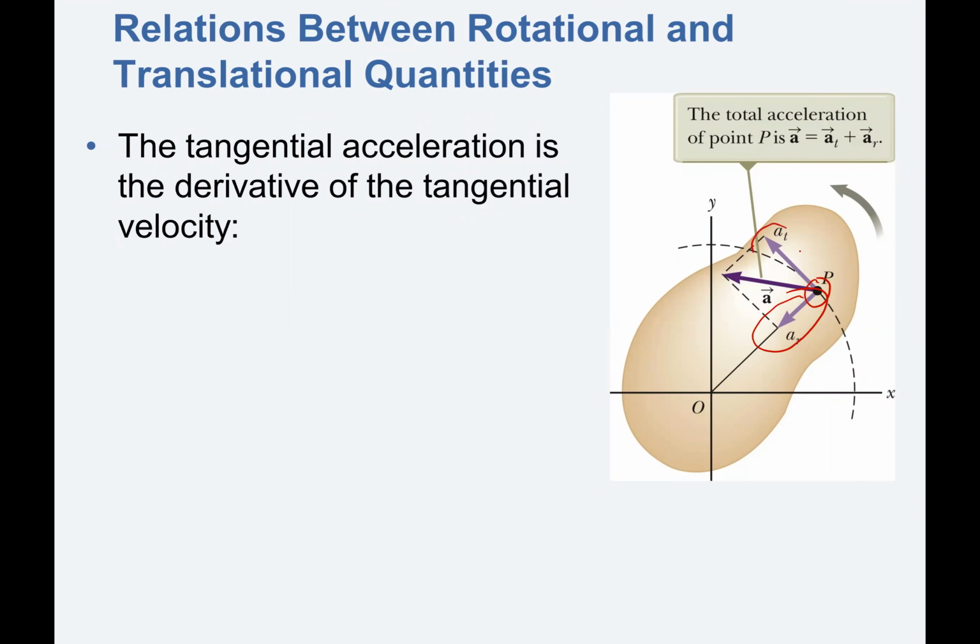One we call tangential acceleration. This tangential acceleration equals r times angular acceleration. That means the tangential acceleration is the position of the object times the system's angular acceleration. So you can think of this one as responsible for changing speed.